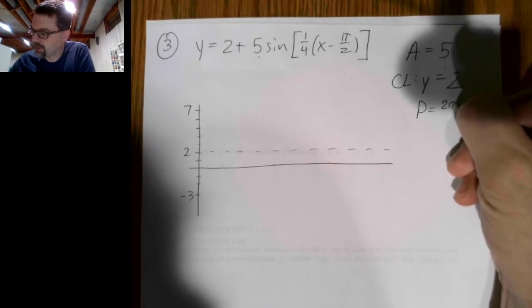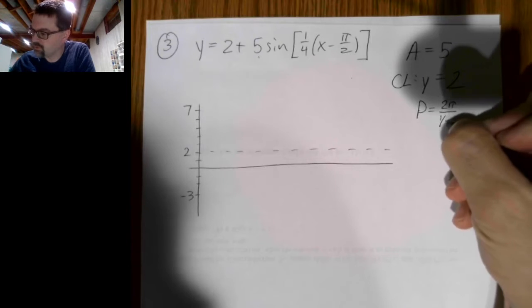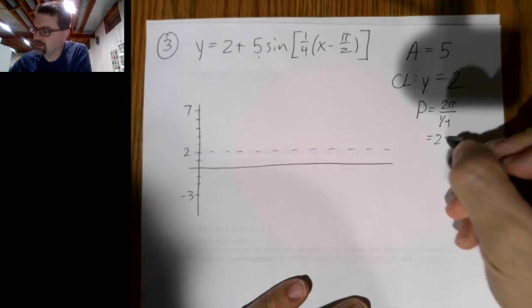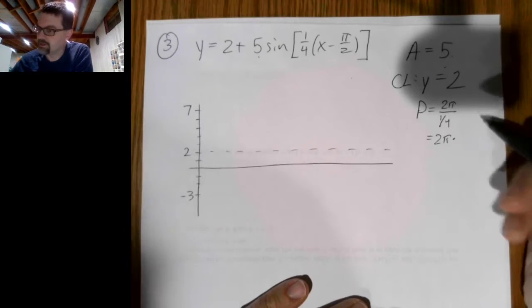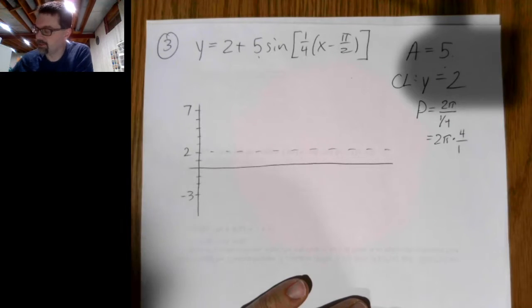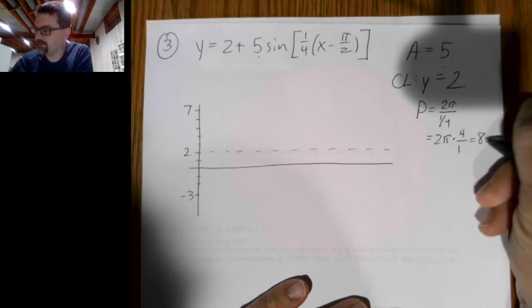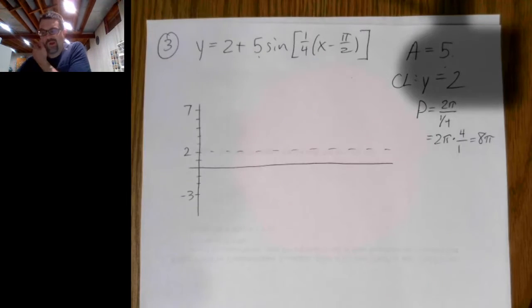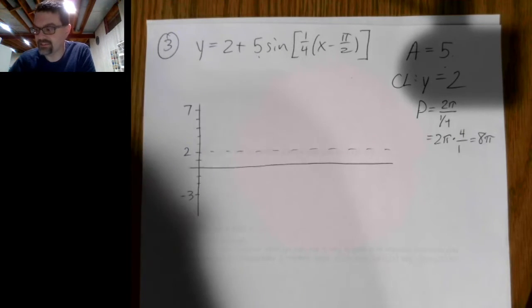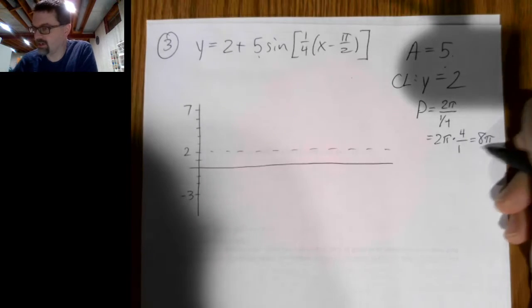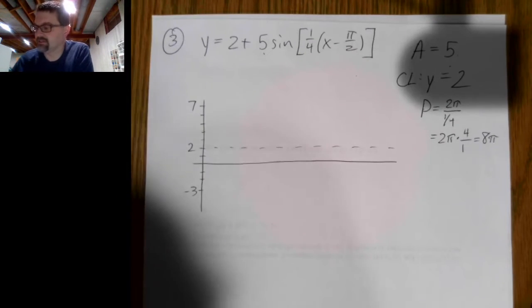Period 2 pi over 1/4. So again, dividing by fraction, same as multiplying by reciprocal. It's reciprocal. So we get 8 pi. Alright, but that doesn't mean that this thing ends at 8 pi. That just tells you how long one basic cycle is.